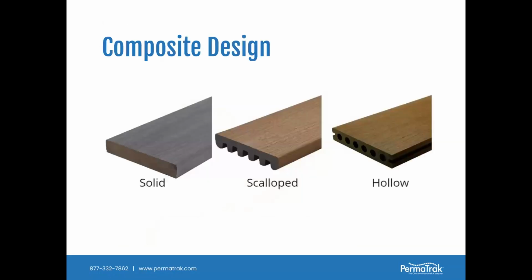And then the third material that I'll show you is the composite design. This is more of a black box for us structural engineers. You'll find a lot of different shapes: solid ones, scalloped or hollow ones. These are three commonly used decking products that I've seen for boardwalks.